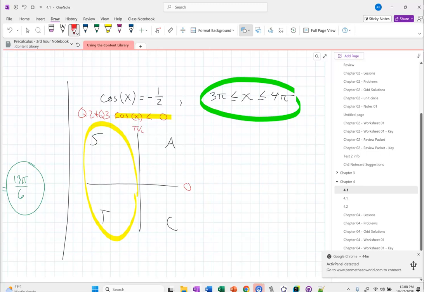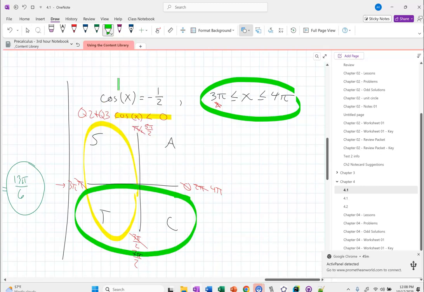So pi over 2, pi, 3 pi over 2, 2 pi, 5 pi over 2, 3 pi, 7 pi over 2. Oh, by the way, here's 3 pi. And then 4 pi. So we're looking there. Everybody okay now?